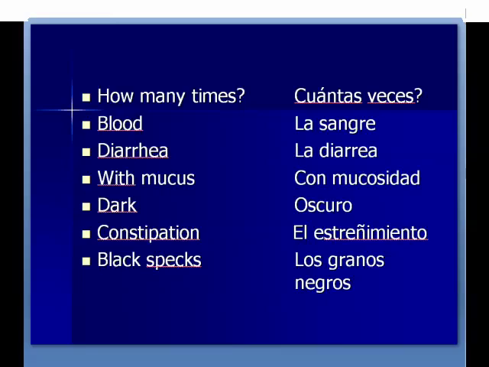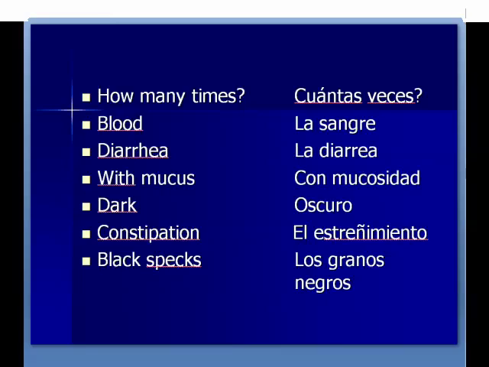Blood. La sangre. Diarrhea. The universal word diarrhea. La diarrea. With mucus. Con mucosidad. Dark.